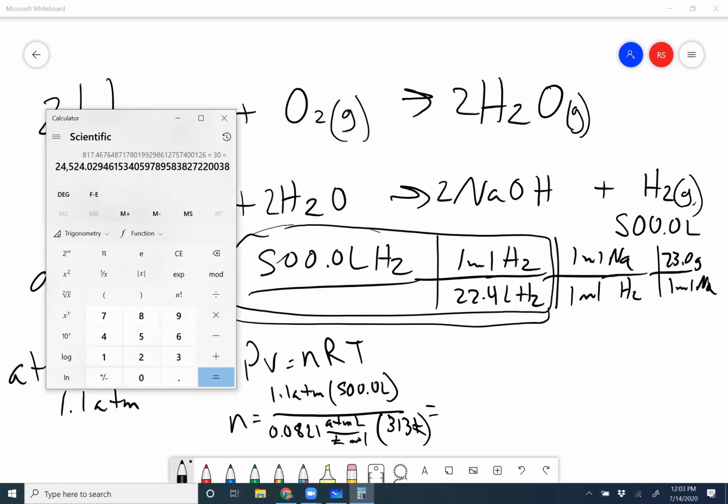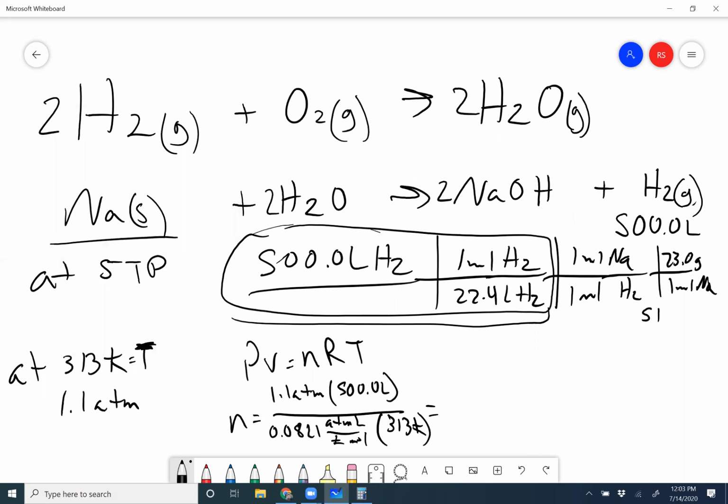In the previous example, this is just 500 divided by 22.4 and then times 23 to give us 513.4 grams of sodium.